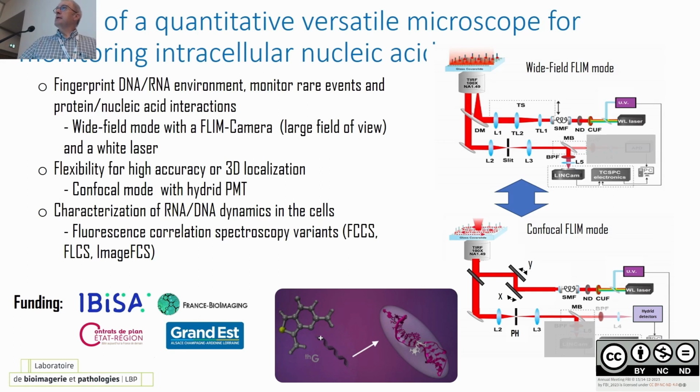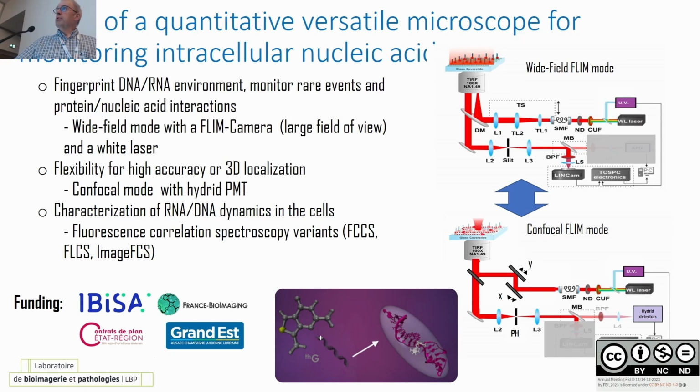So our idea is to make a quantitative, versatile microscope for monitoring intracellular nucleic acids. We will perform this in wide field FLIM mode, but we would also like to add the possibility of confocal on the same instrument, so we can shift from one to the other.